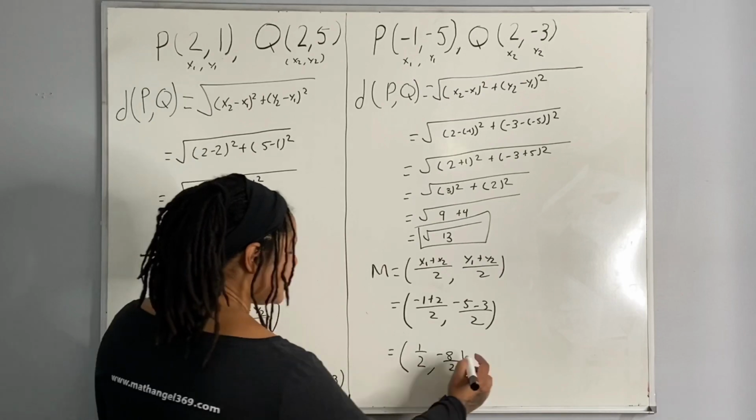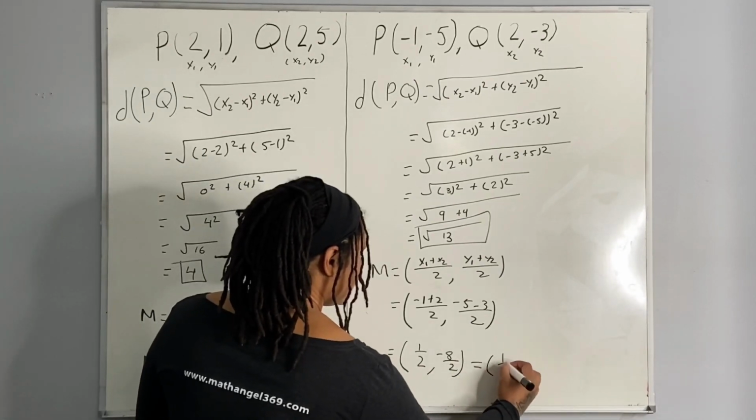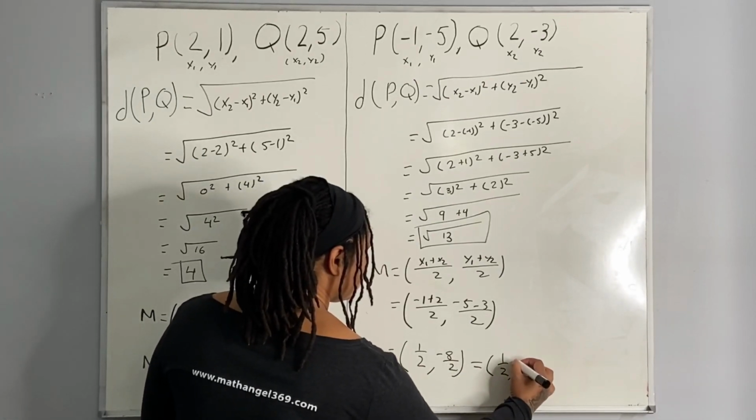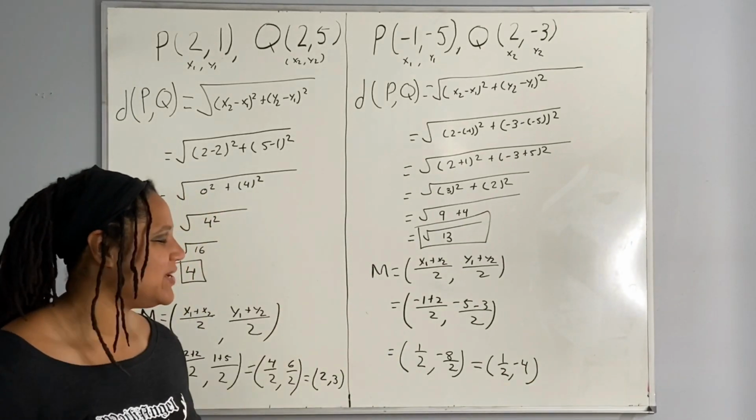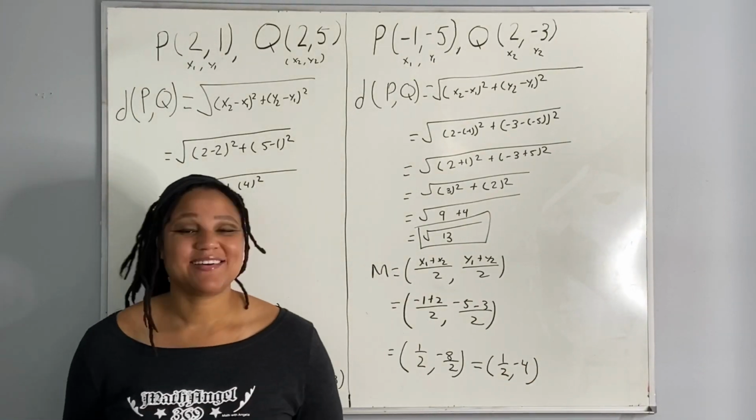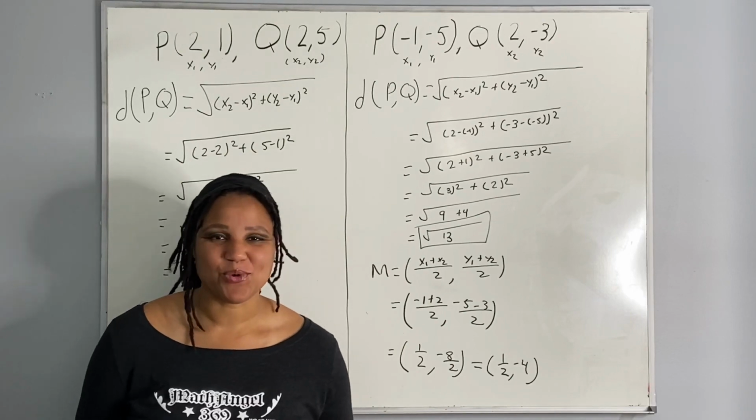So that gives us 1/2, comma, negative 4. So the midpoint between P and Q is (1/2, negative 4).